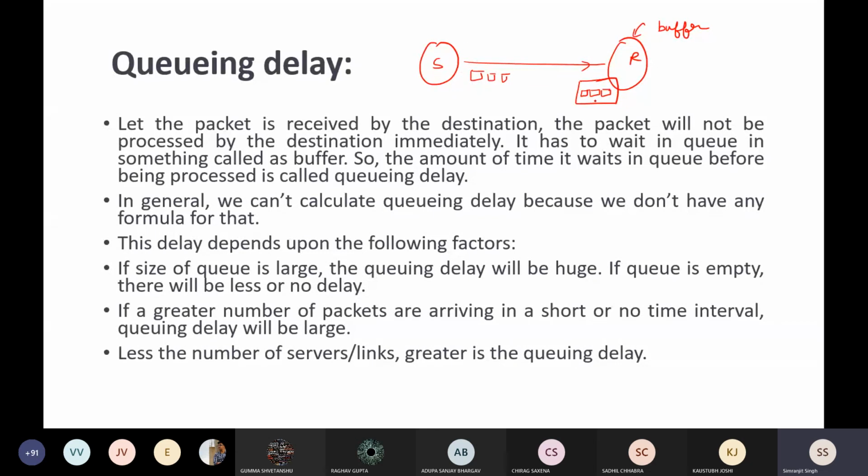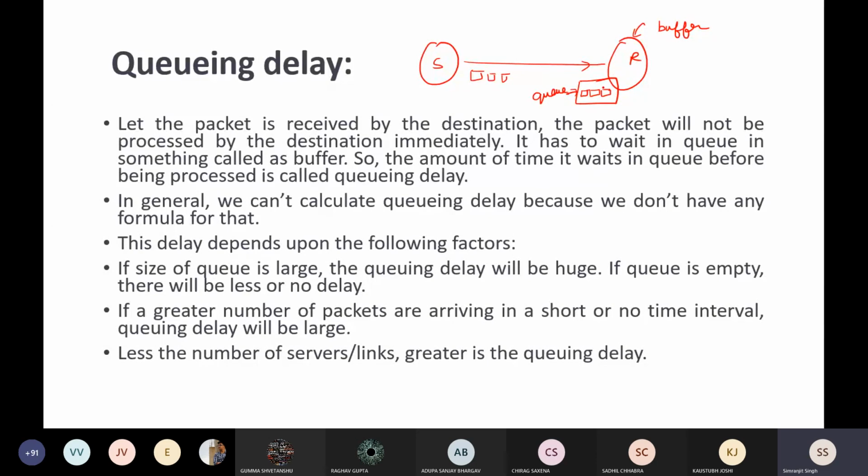The packet will not be processed by the receiver immediately. It will take time because all the packets will be standing here in a queue. It will not be processed in one go, because the receiver has a buffer and it has to figure out which particular packet belongs to which particular part of the communication.